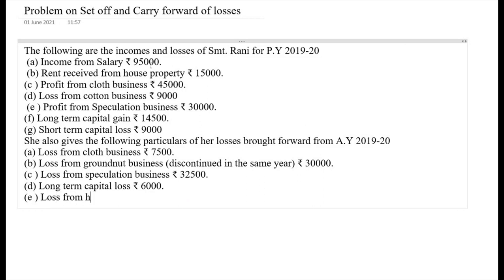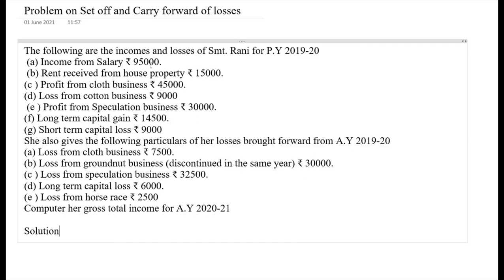Loss from horse race, rupees 2,500. Compute her gross total income for the assessment year 2020-21. So now let us work out this problem here.